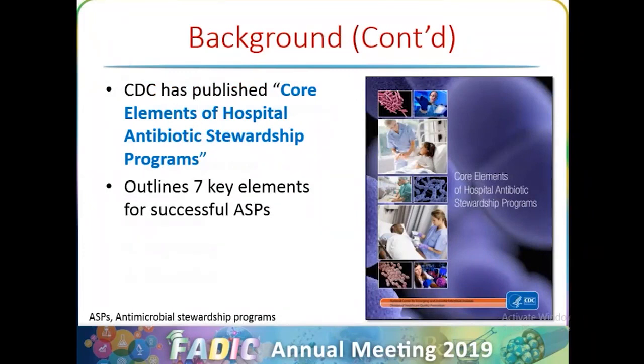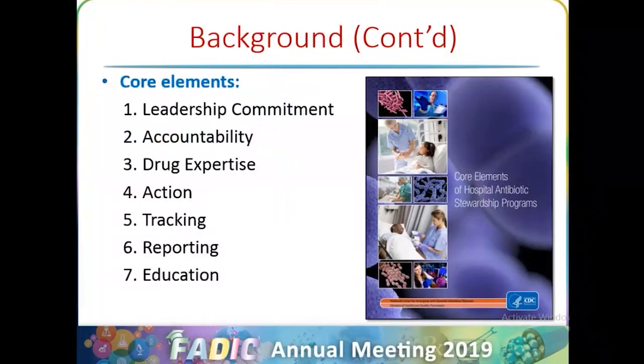And I'm going to talk in more details about these elements. So the core elements are leadership commitment, accountability, drug expertise, action, tracking, reporting, and education. And I'm going to speak in further details about each one of these elements in the coming slides.